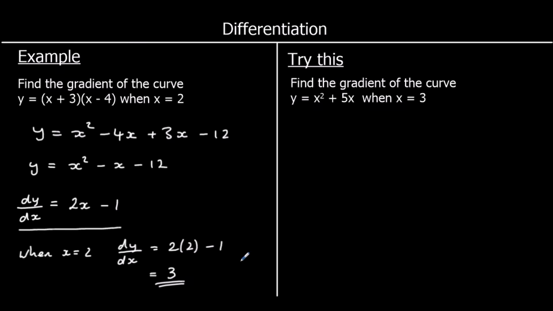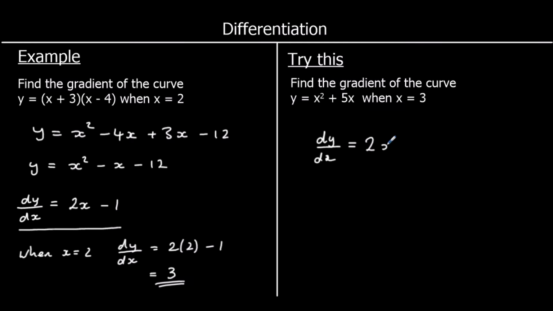So the question says find the gradient of the curve y equals x squared plus 5x when x equals 3. So we find dy/dx first, find the gradient function. So times by the power, take 1 off the power.